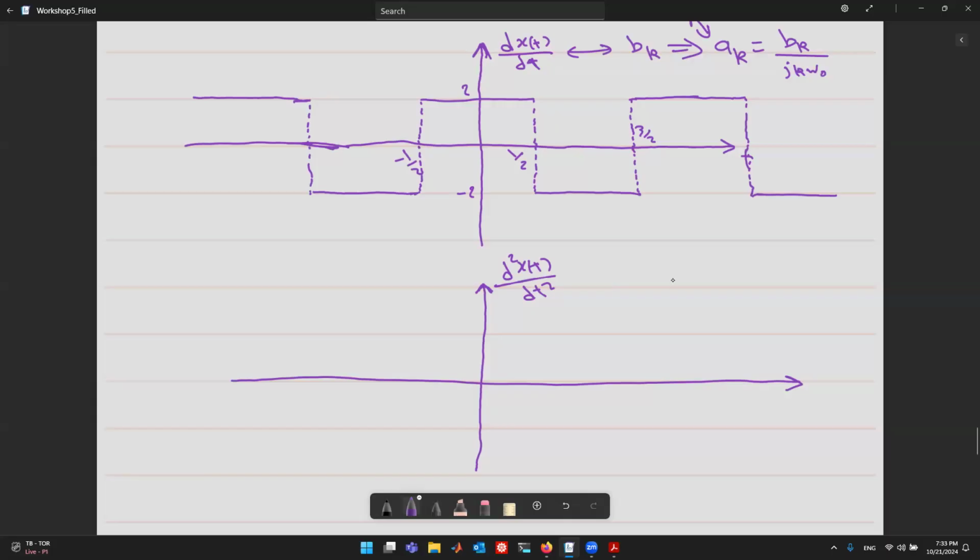The derivative here is zero, but here we have an infinite slope. So at those discontinuities of the function, we'll have Dirac impulses.